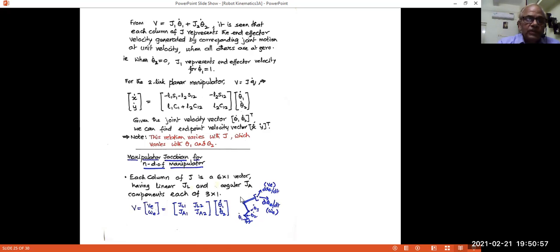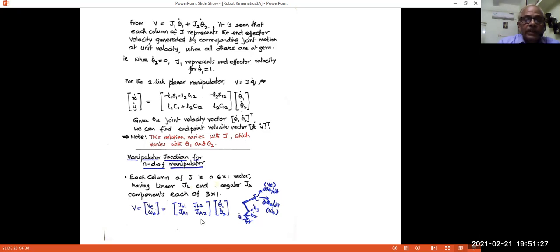So the J column is going to be a 6-component column vector. Of that, the top 3 will contribute to the linear velocity component, and the bottom 3 will contribute to the angular velocity component.